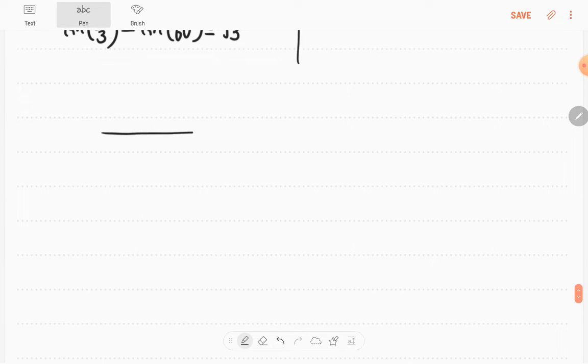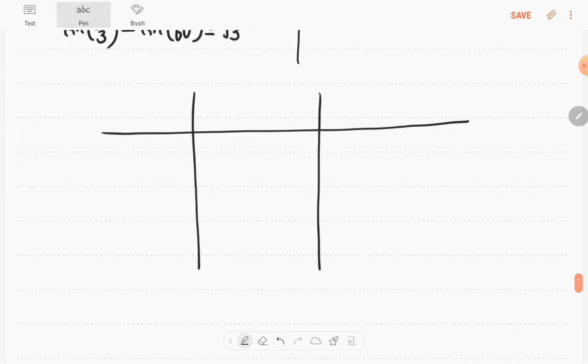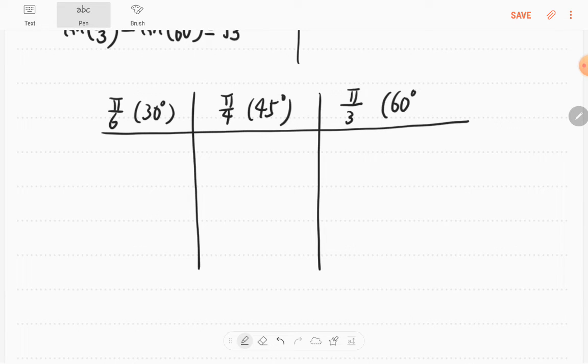Let me write down the table. So this is pi over 6, which is 30 degrees. And this is pi over 4, which is 45 degrees. This is pi over 3, which is 60 degrees.